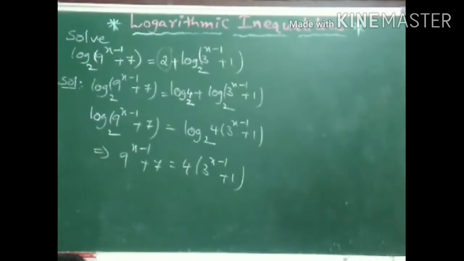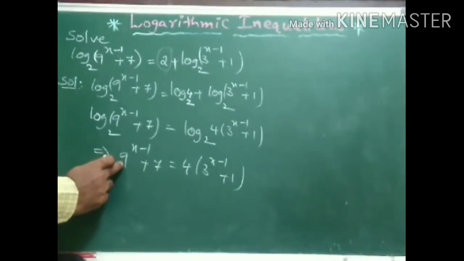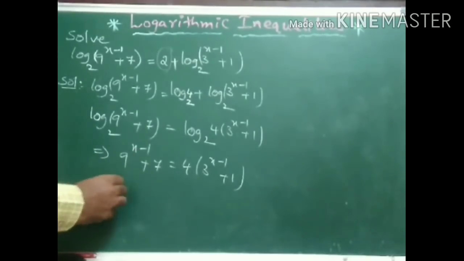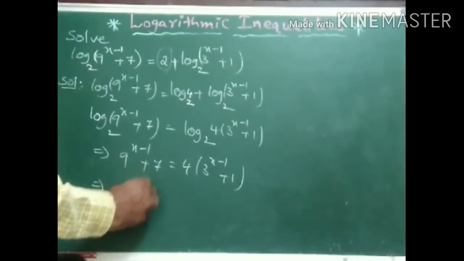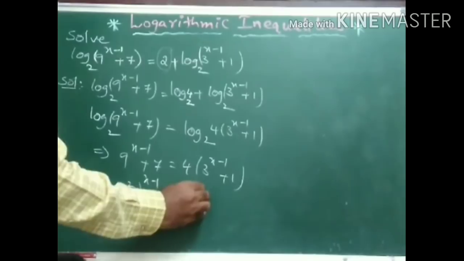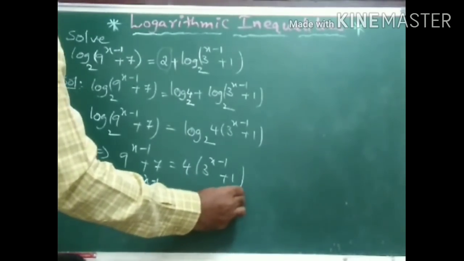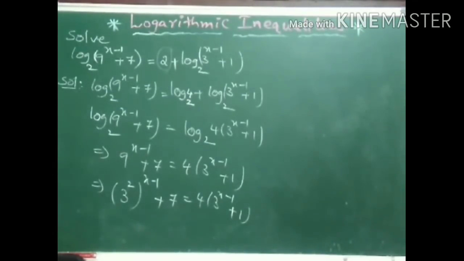So what is the next step? Here there is 3^(x-1), whereas here 9^(x-1). Can I write 9^(x-1) as (3 squared) whole to the power of x-1, plus 7, is equal to, this as it is, 4 into (3^(x-1) + 1).